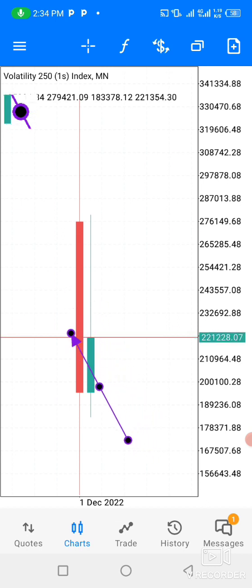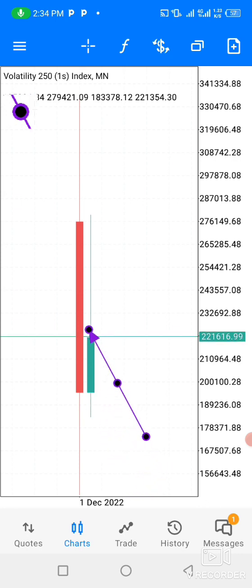So it's getting below the midpoint of the previous candle, and when you look at this scenario, it shows that this market is going to sell. They are going to drive this market to a price of less than $200,000, or from $200,000 down to $100,000.